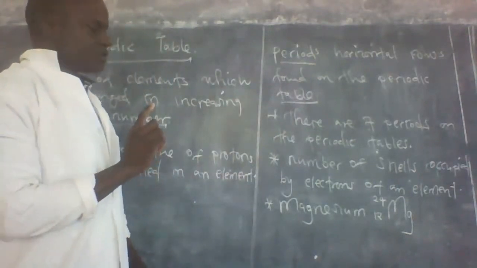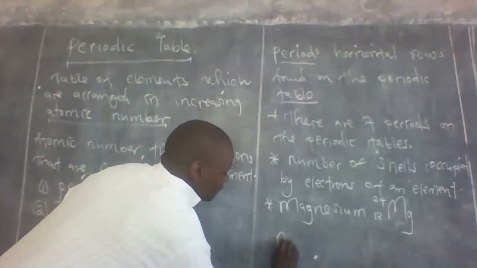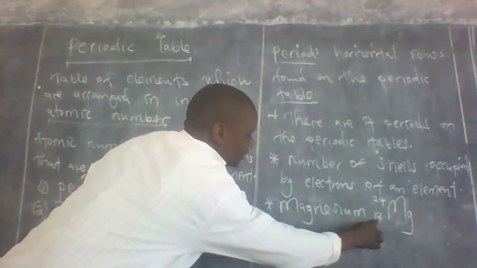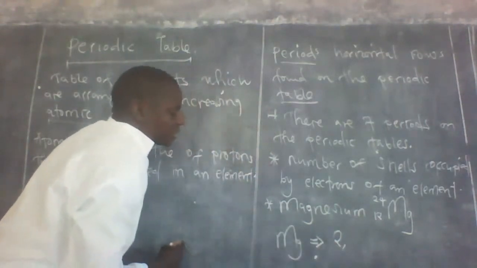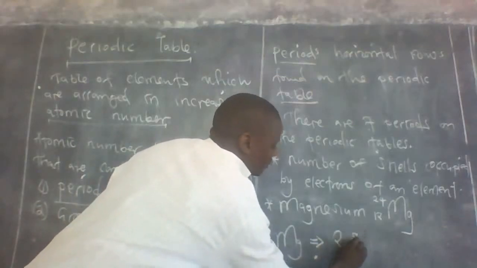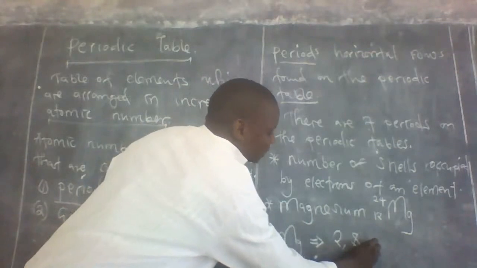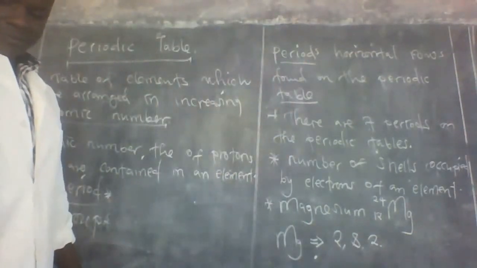So if we are to write the configuration of magnesium using these 12 electrons, the first shell will have 2 electrons, the second shell will have 8, that is 10, but there are 12, so we have 2 more remaining.